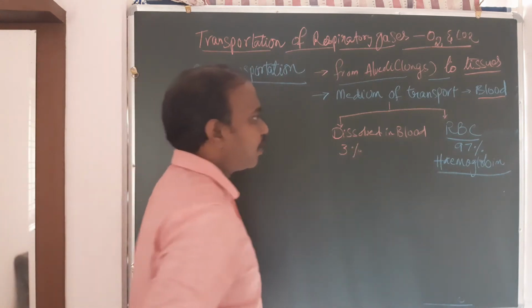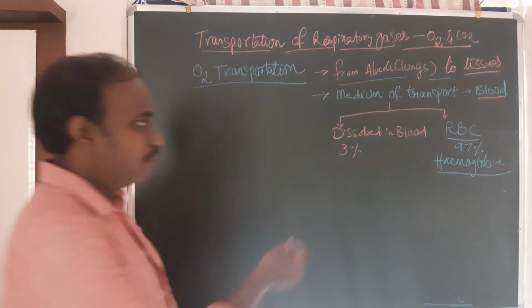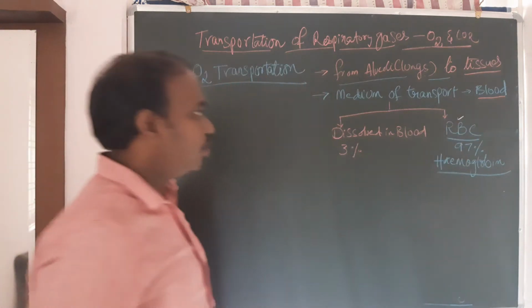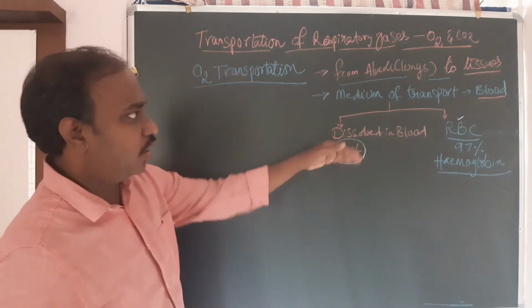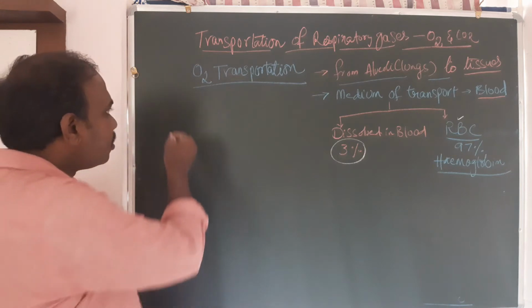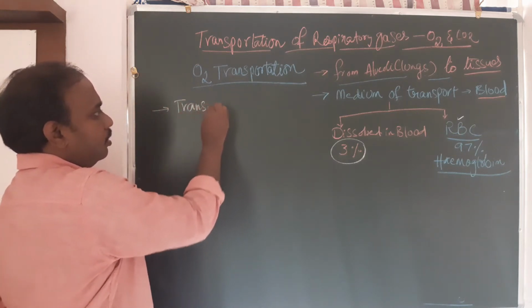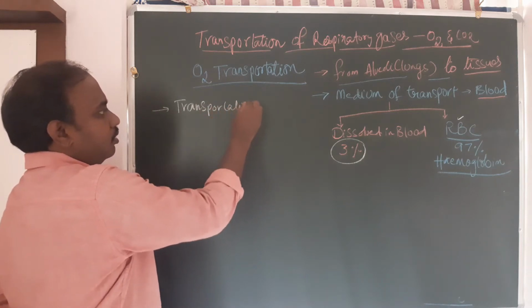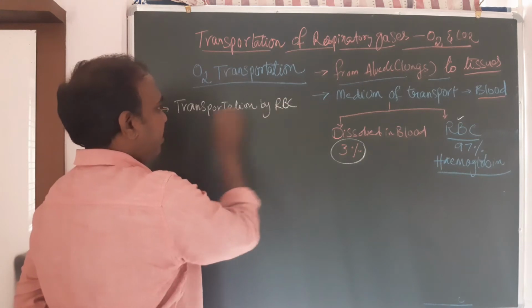Now we'll see how the oxygen is transported by RBC. Just 3% is dissolved and taken to the tissues. Now, transportation by red blood cells.